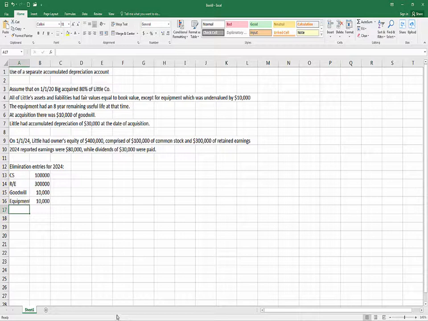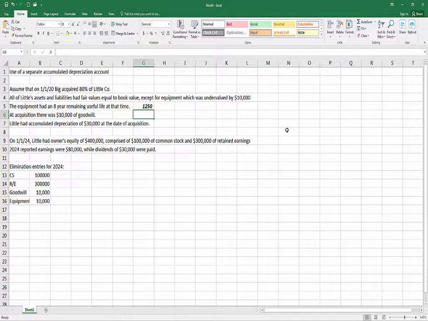Okay, now that $10,000 equipment differential, that was back on January 1st, 2020. That $10,000 differential was being written off over 8 years at the rate of $1,250 per year. So they've already taken depreciation for 2020, 2021, 2022, 2023.